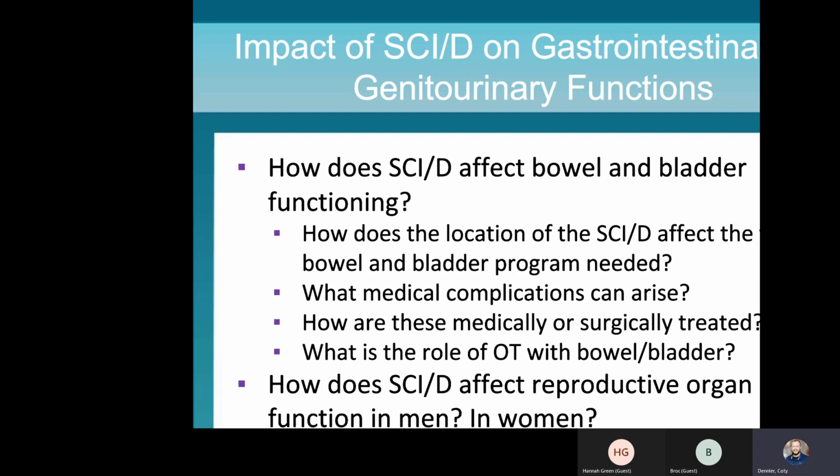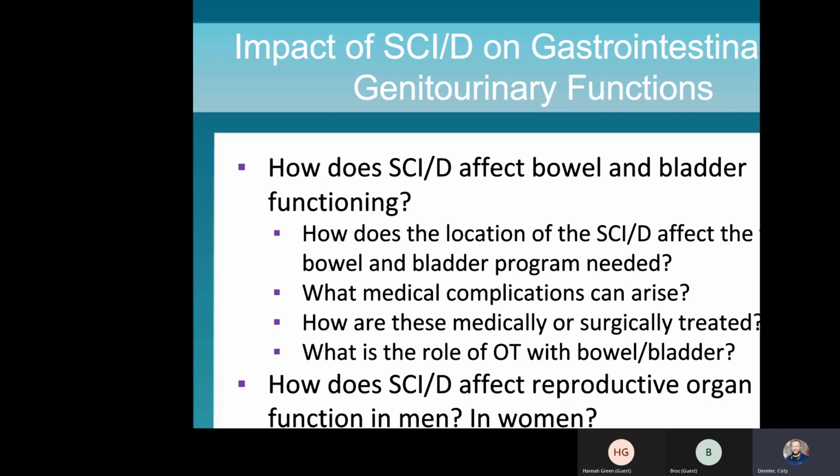Now, of course, you're going to use your clinical reasoning skills. If it's a person under the age of 18, you don't want to bring up sex. They may bring it up with you, and you can discuss it in general medical terms.